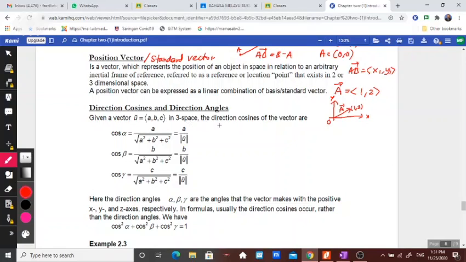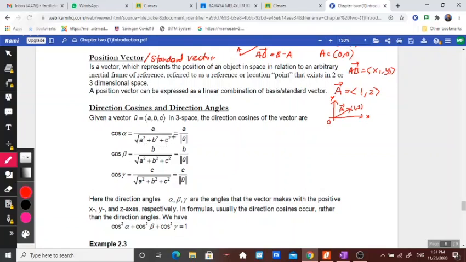Then the direction cosines of the vector are 3 cosines: cos alpha, cos beta, and cos gamma. Cos alpha is a, the first component of u, divided by the square root of a squared plus b squared plus c squared.